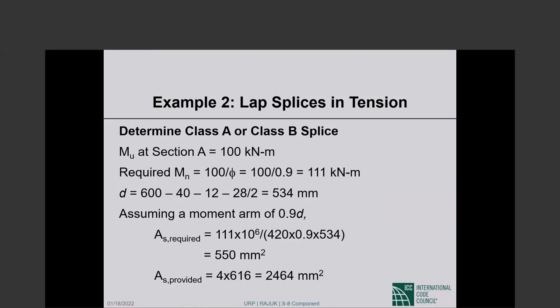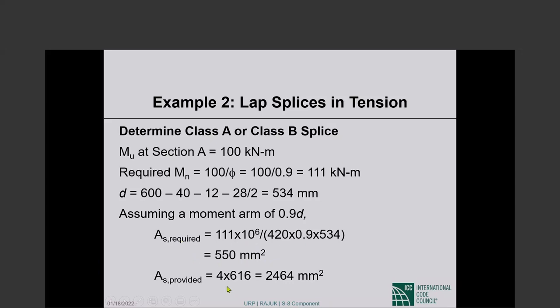Assuming a moment arm of 90% of the effective depth, A sub S required, the tension reinforcement required to resist that much of moment, would be the moment divided by the lever arm and the yield strength of the reinforcement. So we require 550 square millimeters of reinforcement.